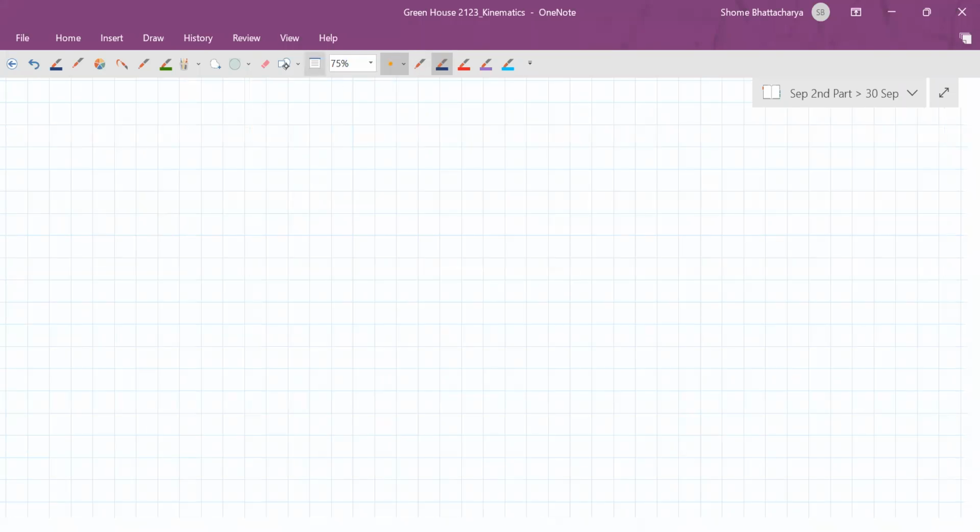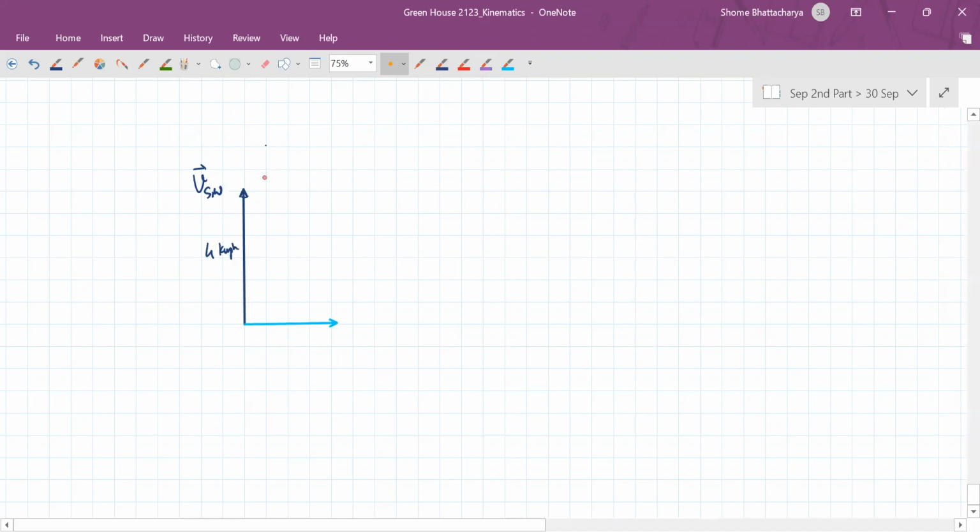So what we'll see here is that when we draw the vector diagram, the velocity of the swimmer with respect to water is a vector like this, and that is of magnitude 4 kilometers per hour. Whereas the water itself is flowing at 3 kilometers per hour. This is the velocity of the water. So the net velocity of the swimmer will become the vector sum of these two.